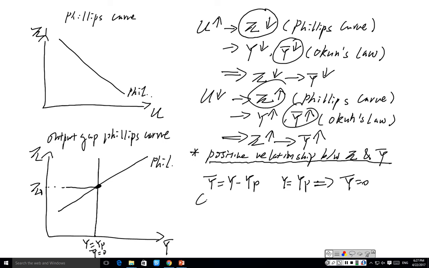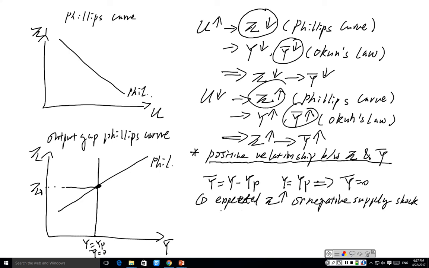If there's an expected increase in the inflation rate, so if expected inflation rate goes up, or if there's a negative supply shock, so what is the negative supply shock?